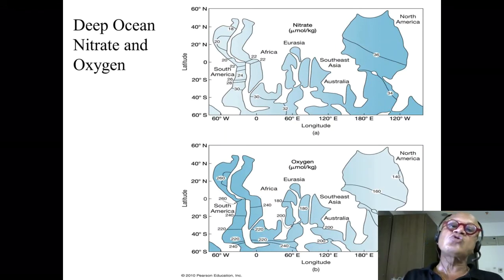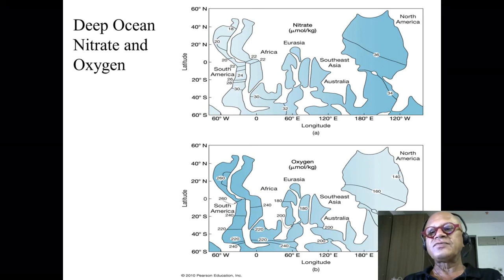To connect back to our understanding of the ocean circulation now, this is looking at deep ocean nitrate and oxygen. We looked at the profiles, but let's look at it in this context as a map. So this is a strange map, but showing the Atlantic Ocean with the mid-ocean ridge, the Indian Ocean, and the Pacific Ocean.